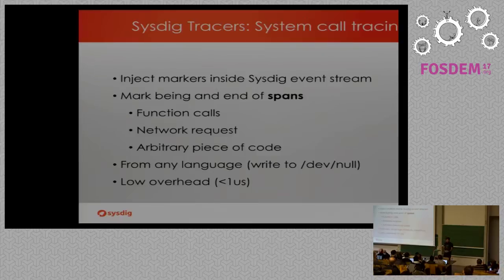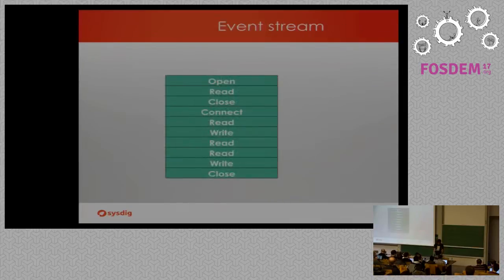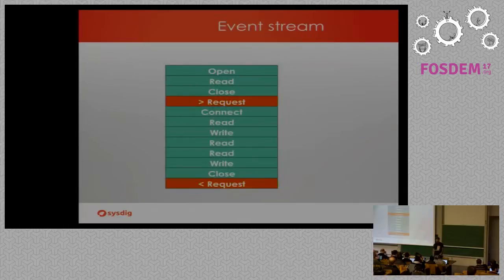And low overhead, as I said: simple, easy to use, fast. So the idea is that we have this event stream, and every time we always have an entry marker and an exit marker. So a span is everything that's being executed inside the enter trace and the exit trace.